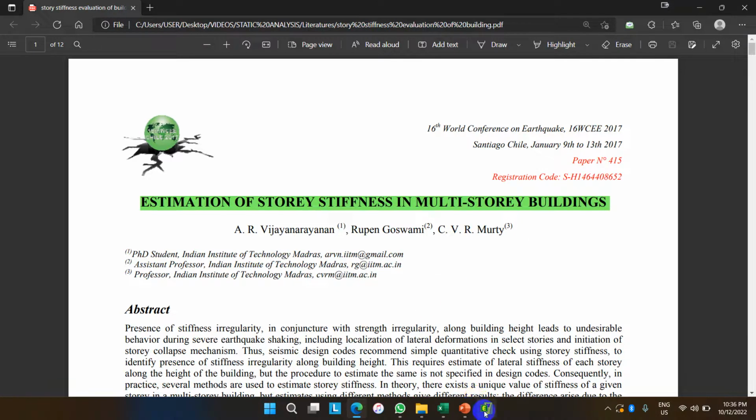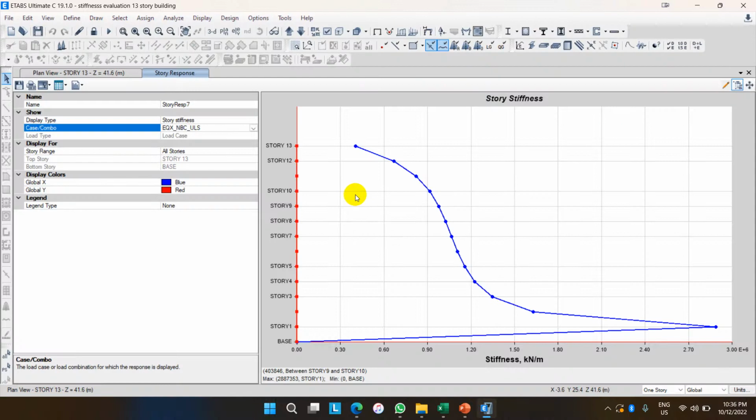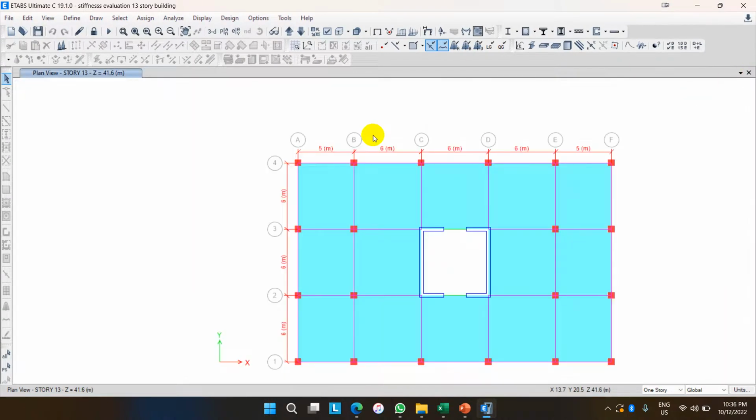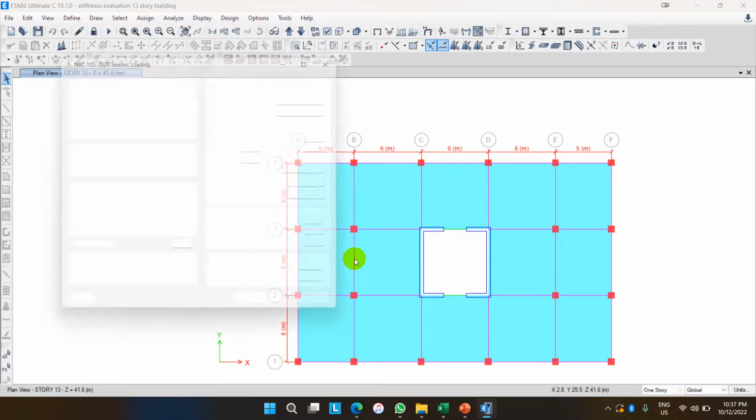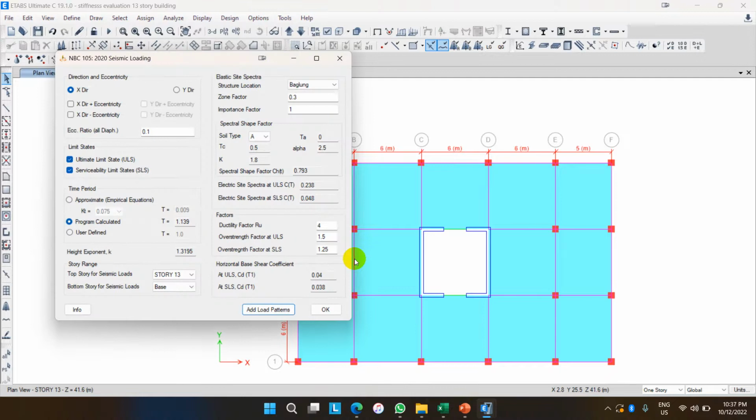Another interesting thing is the newly developed Nepal Building Code 105 2020 plugin, which is developed by my friend Binas Sapkota, who is also a structural engineer, and he has in-depth knowledge of programming software in addition to structural engineering software.